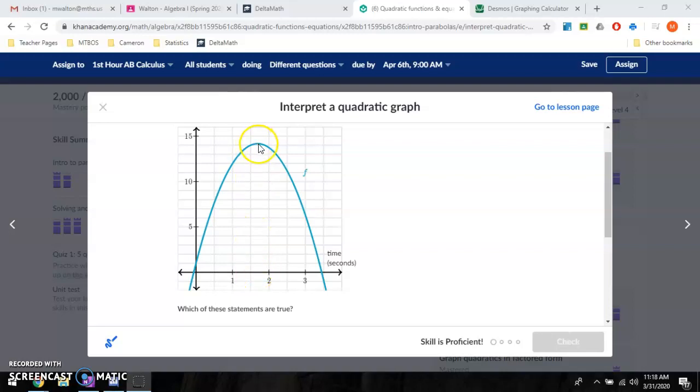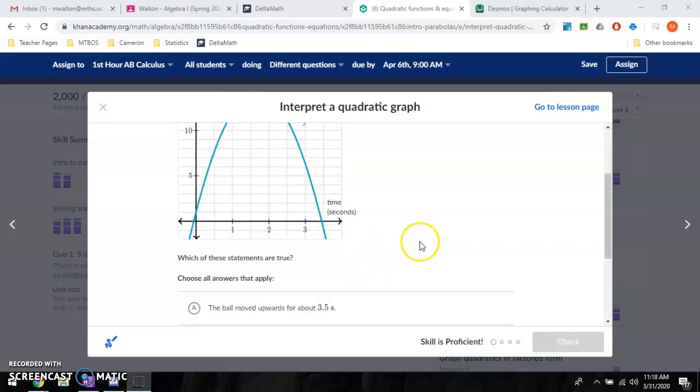At 1.5 seconds, it's at its peak, and that's around 14 meters. And then a little bit after 1.5 seconds, the ball drops down. And then finally it hits the ground after maybe 3.5 seconds. So the ball starts right here, goes up, reaches a maximum height here, and then finally it goes down.